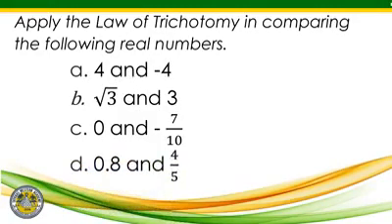Another example, 0.8 and 4 over 5. The decimal 0.8 is equivalent to 8 over 10 or 4 over 5. Meaning to say, 0.8 is equal to 4 over 5. And that is how we apply the law of trichotomy.